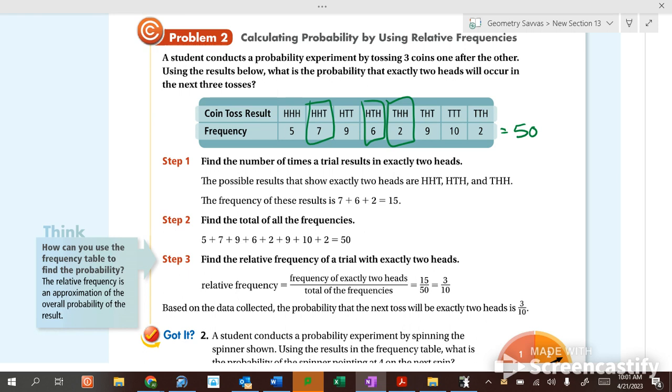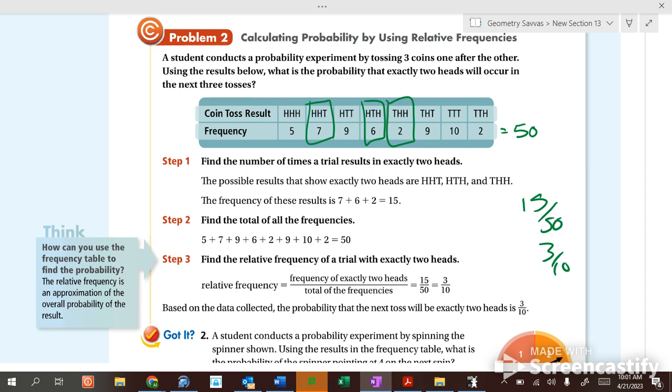Okay. So 7 plus 6 plus 12 is 25. You got 15 out of the 50, or 3 out of 10 chance of getting exactly 2 heads by his experiment. Now, what's the probability of getting exactly 1 head by his experiments?